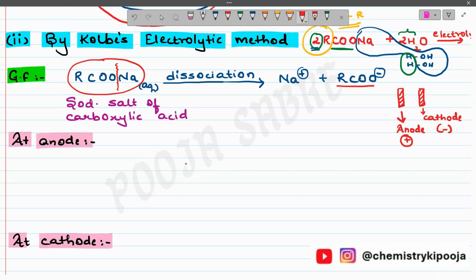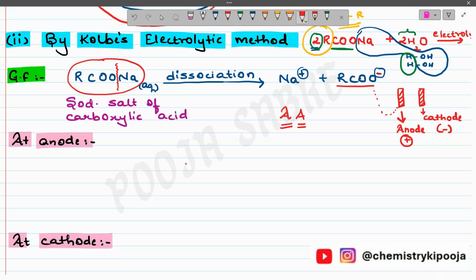Now you just think and tell me, or write it down in your notebook. This minus will definitely go to the positive electrode, which is the anode, right? One simple trick I'm sharing with you is AA. A stands for anode, A stands for anions. So where are anions going? Anions are going towards the anode.